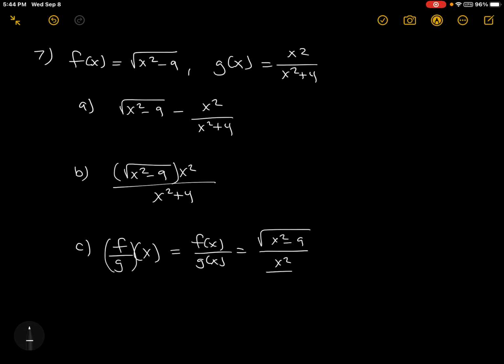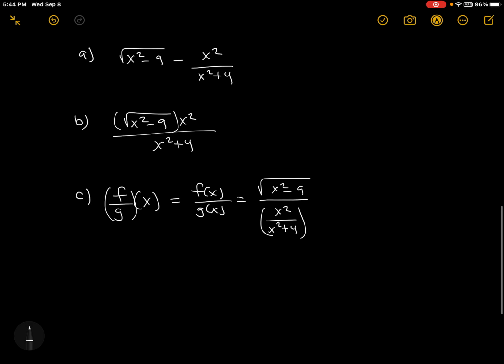So this is a complex fraction, right? You can multiply top and bottom by x squared plus 4. I'm going to do that. And your final result is just going to be the square root of x squared minus 9. Don't try to multiply inside the radical, just leave it outside, over x squared.